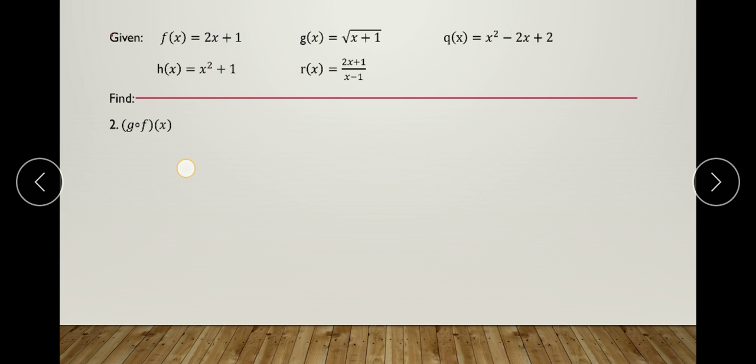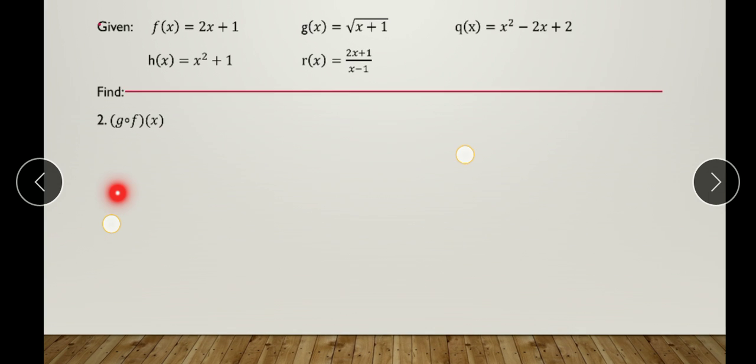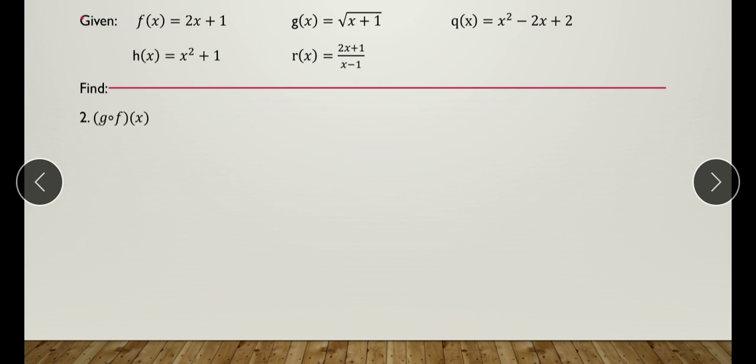But basing on the definition, this is now equivalent to g of f of x.